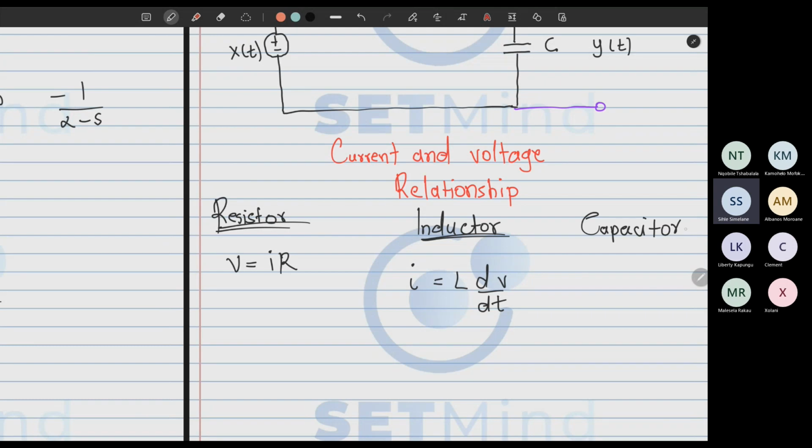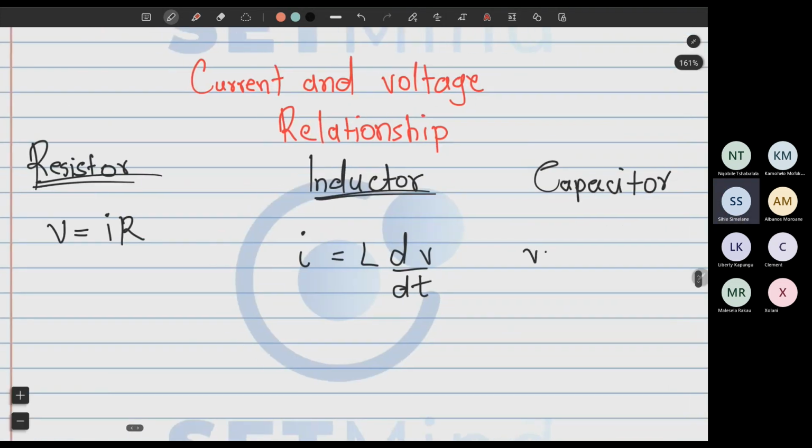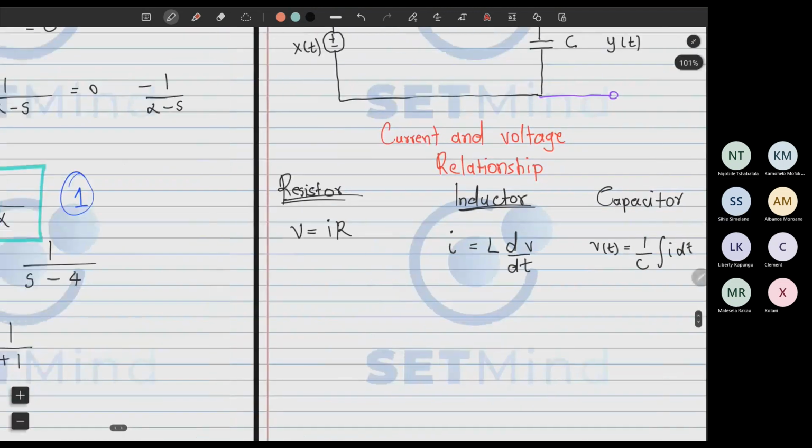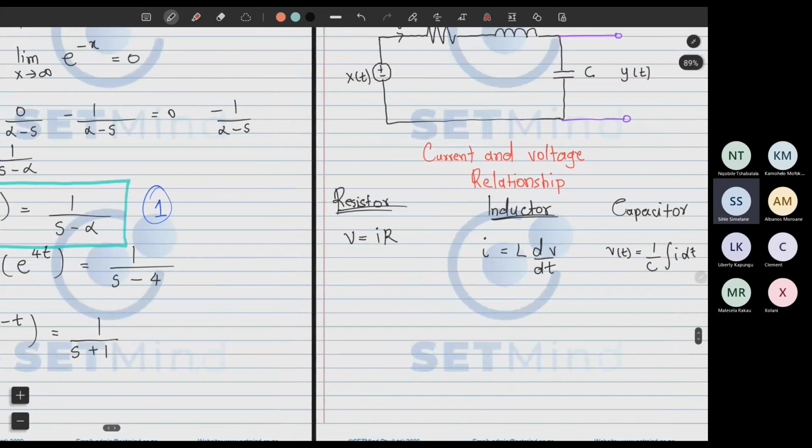How are voltage and current related in a capacitor? It is simple. Voltage across a capacitor is 1 over the capacitance multiplied by the integral of the current with respect to time. So here we have the relationship between the voltage and the current for a resistor, an inductor, and a capacitor.